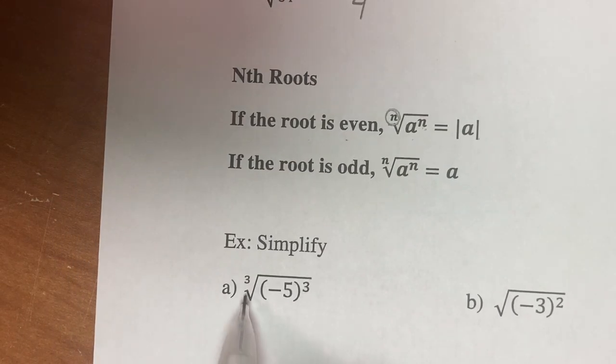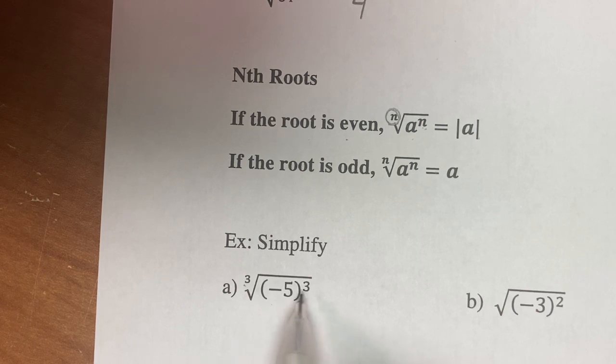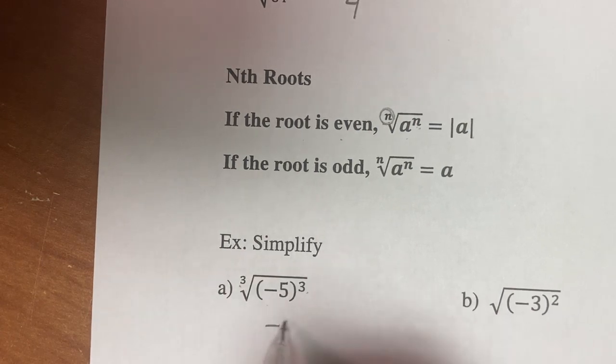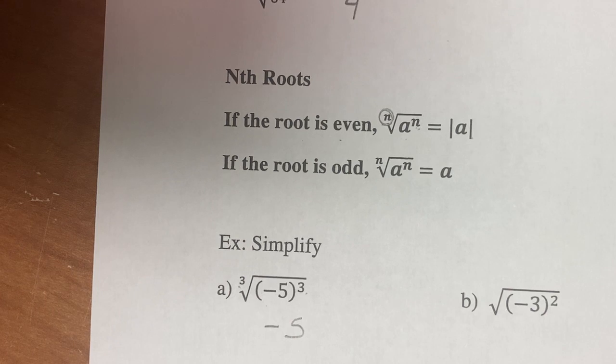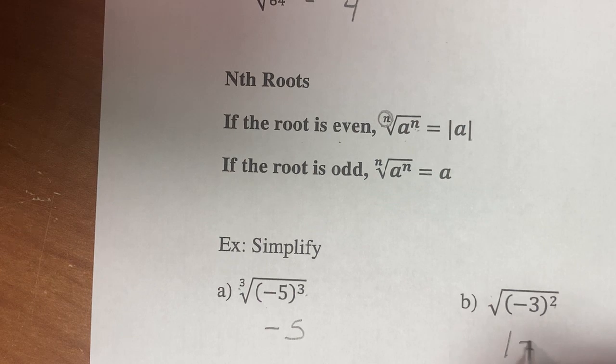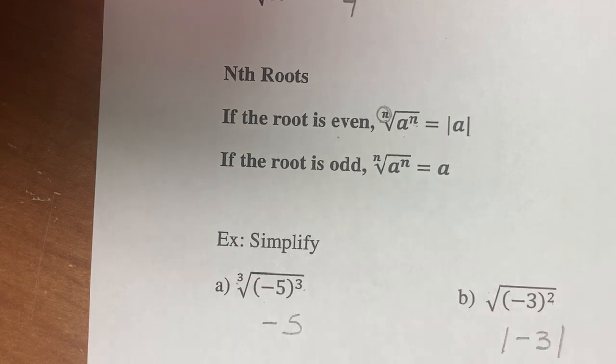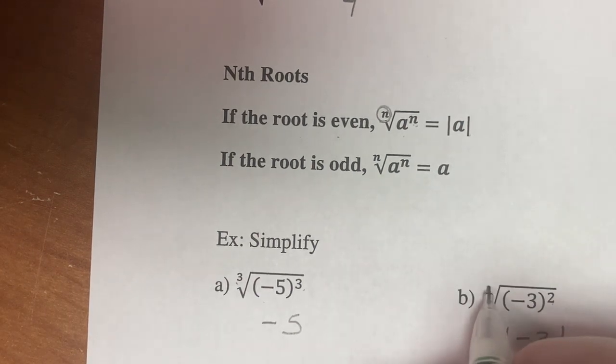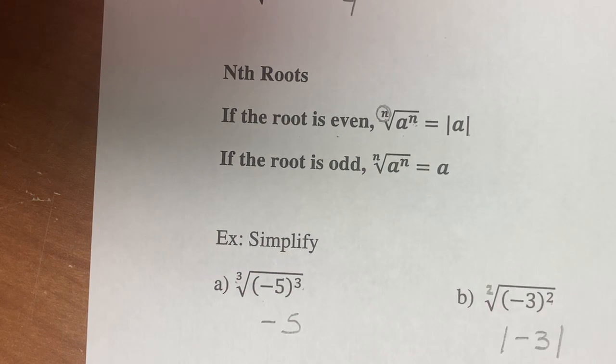So for example here, we have the cube root of negative 5 to the 3rd power. Well, that's simply going to be negative 5. No big deal. If I have the square root of negative 3 squared, that's going to be the absolute value of negative 3, because this is an even index.